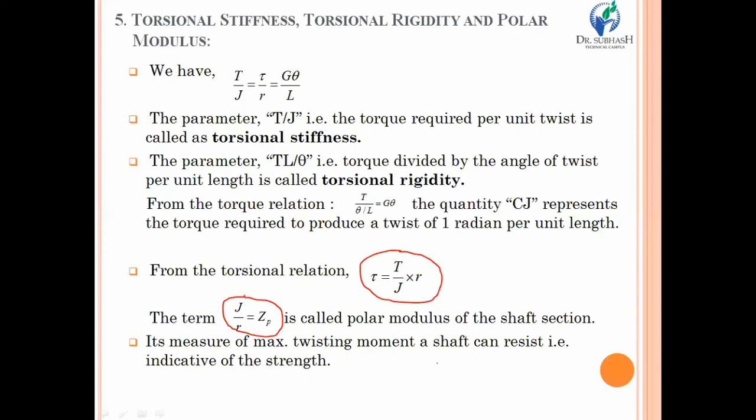So ultimately, the polar modulus of section is simply the ratio of polar moment of inertia upon the distance of a fiber, or we can say the radius of shaft. So these are the performance parameters that we have discussed.